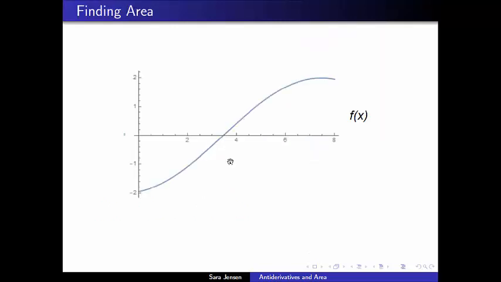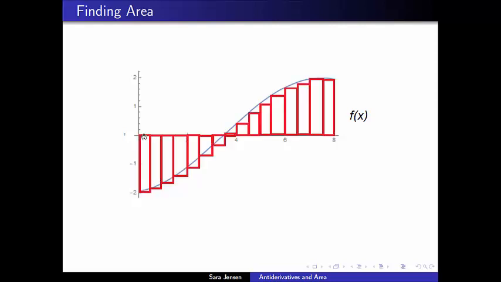It's perfectly possible to have a curve f of x over here that has values that dip below the x-axis. And in the equation that we put rectangles between the x-axis and the curve, when that function f of x is negative, if we use the value of f of x to represent the height of that rectangle, but f of x is a negative number, then this b minus a over n part is going to be a positive number.